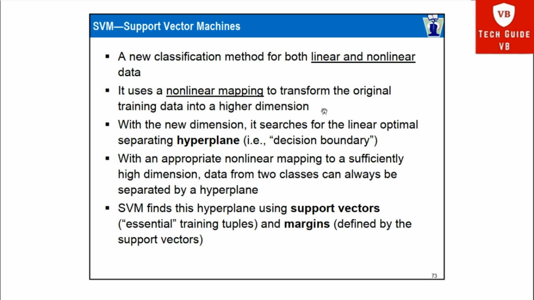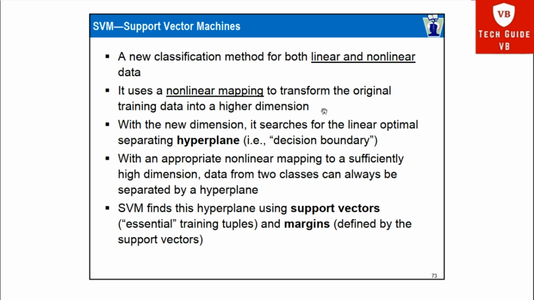Then with the new dimension, it searches for a linear optimal separating hyperplane. So creating a hyperplane or decision boundary is very important in support vector machines.